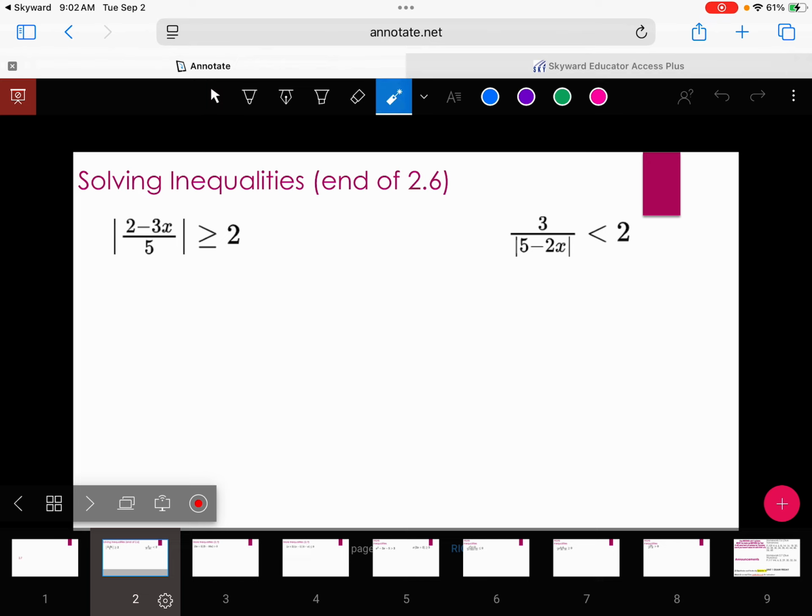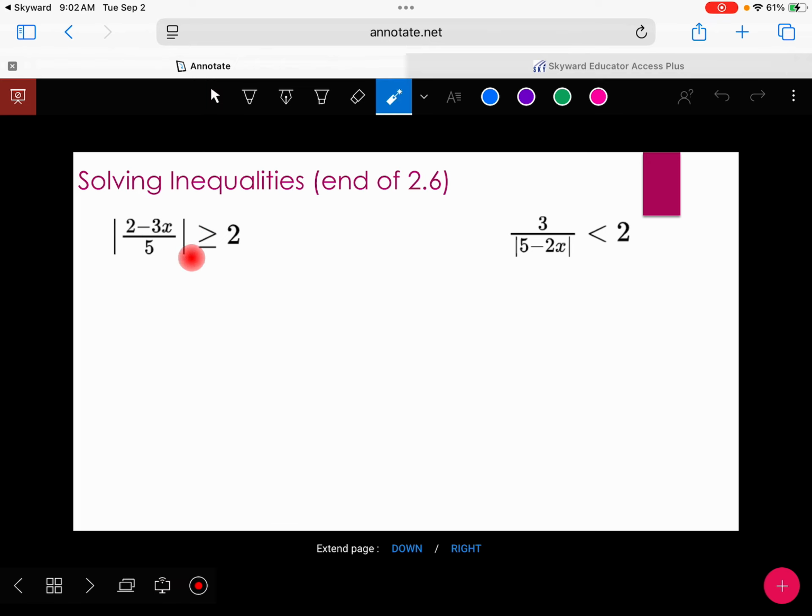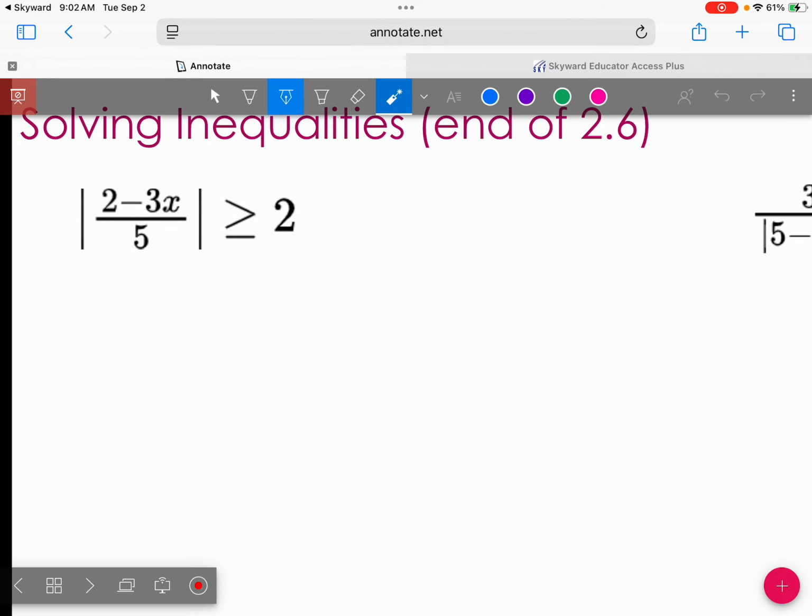So when we have something that's an absolute value that is greater than or equal to 2, a lot of times I think this is really helpful to think about it on our number line. Because if I know that this could be greater than or equal to 2, it could be greater than 2, right? It could go that way. I'm going to fix that 2 because that 2 looks weird.